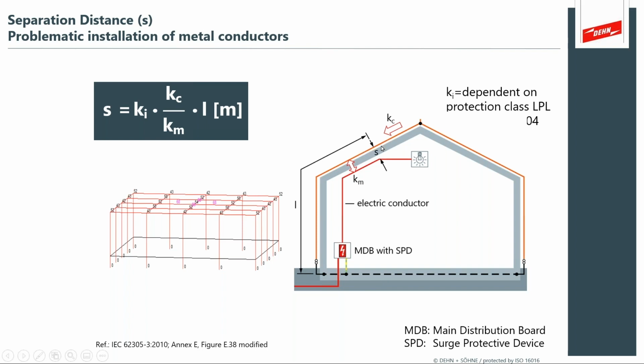There is a distance that it will jump into adjacent electrical equipment if this separation distance is not maintained. And what's also interesting about this illustration is it shows us that even by maintaining the separation distance, you still have to worry about equipotential bonding of all the equipment down at earth level.